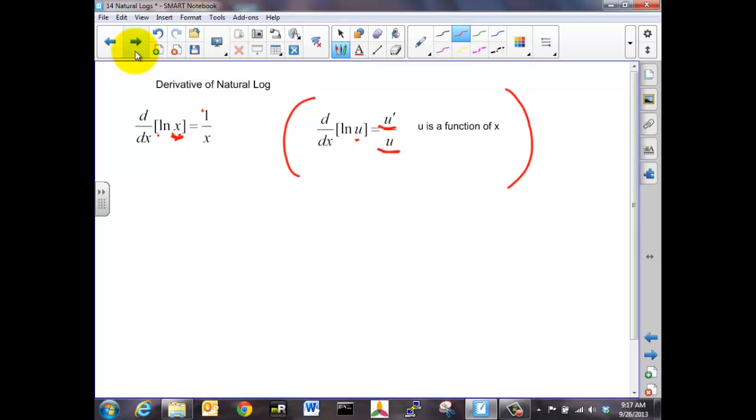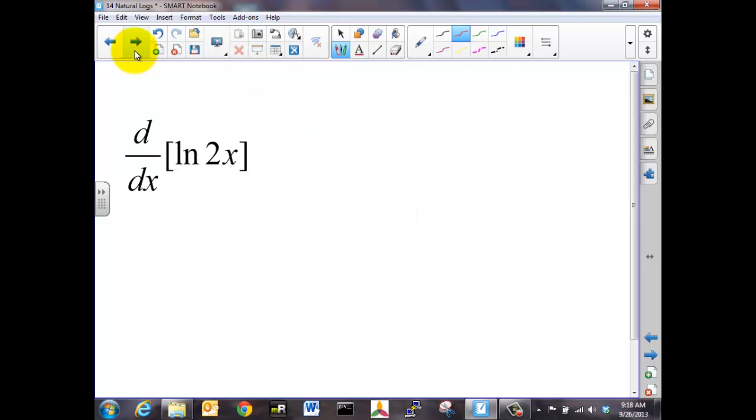That's the way I will normally say it. Now you can simplify it as u prime over u. That's just the rule for finding the derivative of ln. Memorize and use. So the rest of the time here we're going to work problems to help you memorize that and understand it.